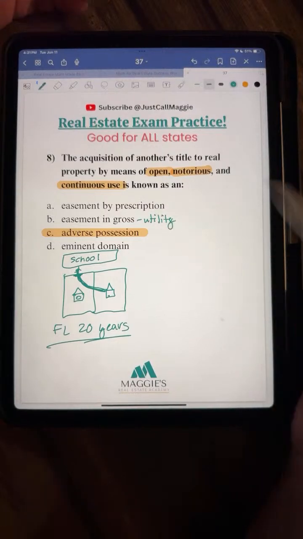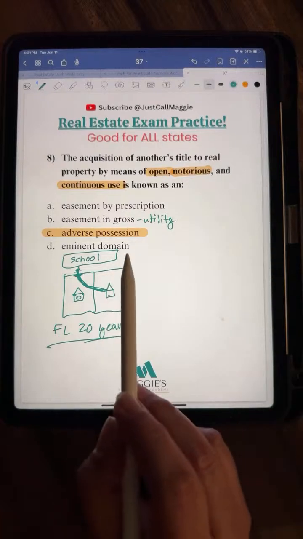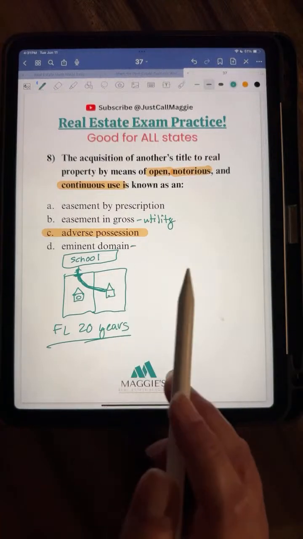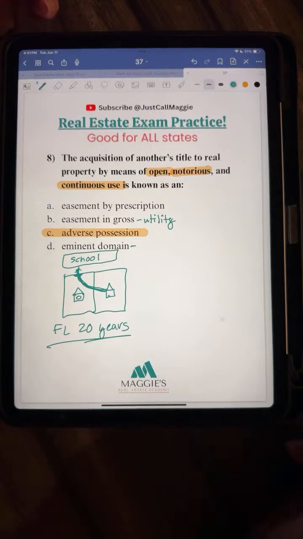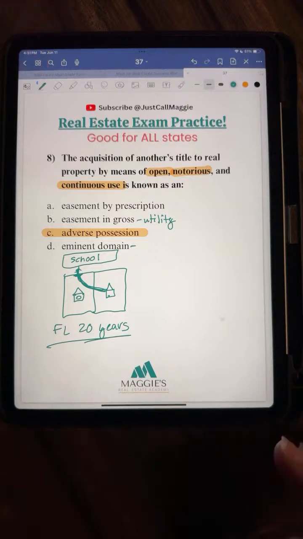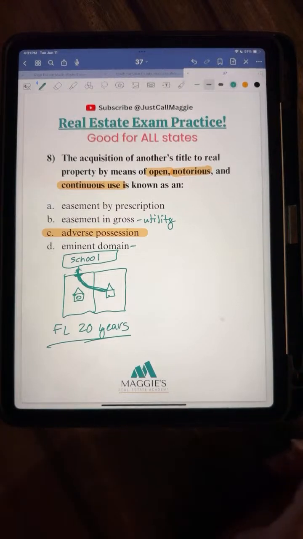Neither one of these run with the land. So you have to know that. And of course, eminent domain, remember that is the government's right to take private property for public benefit. Condemnation is the process by which they can do it. Eminent domain is the act of doing it.